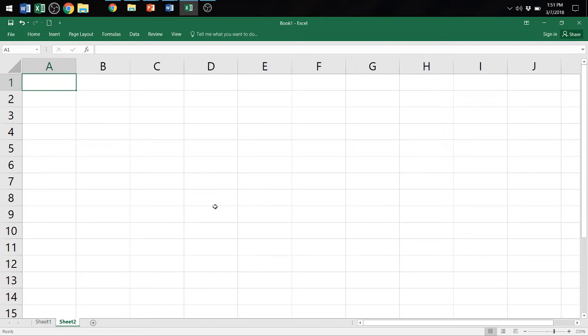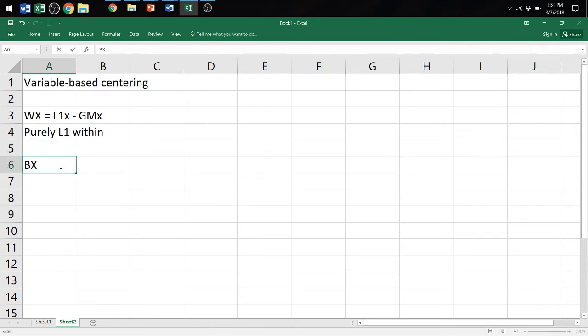So if I'm using variable-based centering, and I have my, let's call this within x equals my level 1 x minus my group mean x, then it's purely level 1 information. At level 2, I'll call my between x equals the level 2 x, let's say group mean x minus some constant so that 0 means something, purely level 2 between.